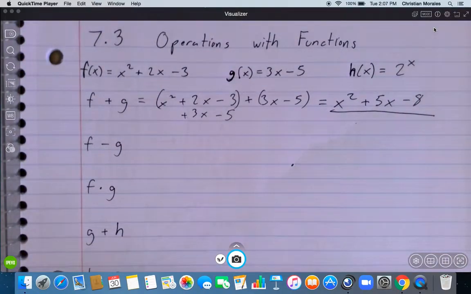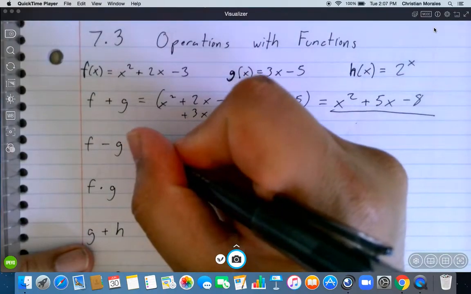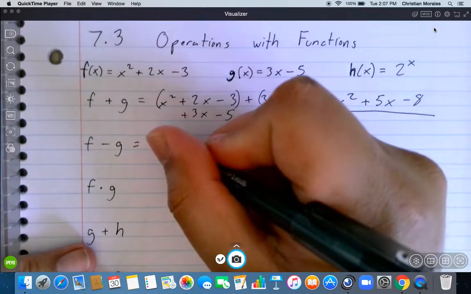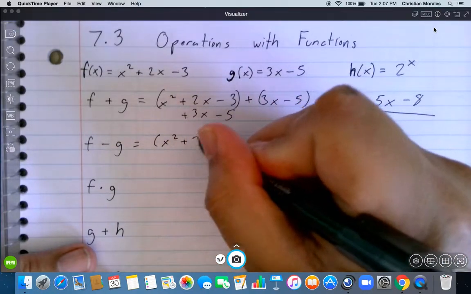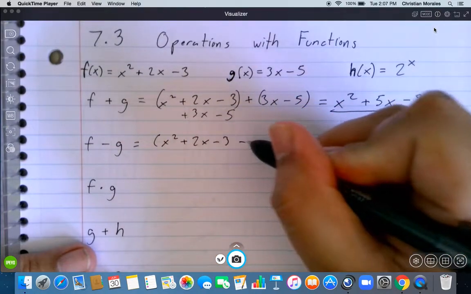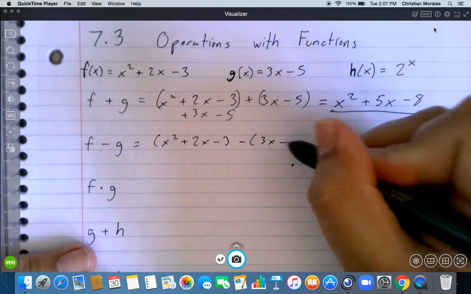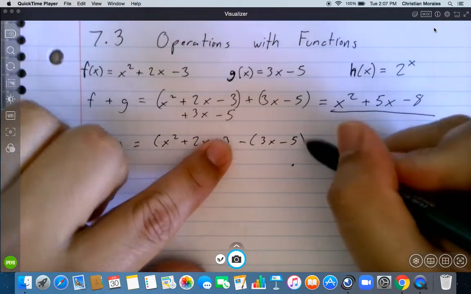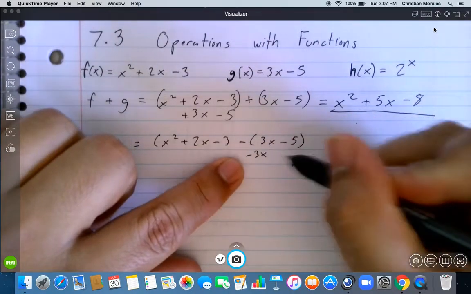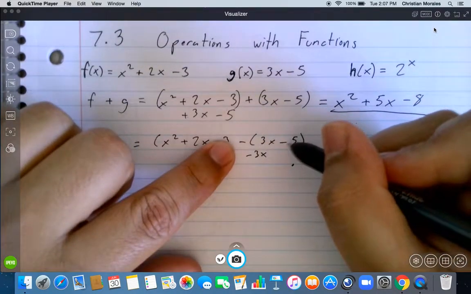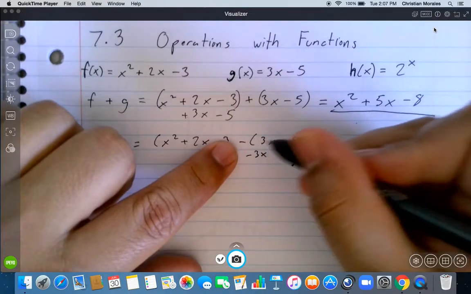But just be careful, that was adding. If this was subtracting, here's how it would go instead. When you're subtracting, the second term is going to have to change signs. Because what we're doing is, we're not adding a 3x, we're now subtracting 3x. And we're not taking just a minus 5, we are subtracting a negative.